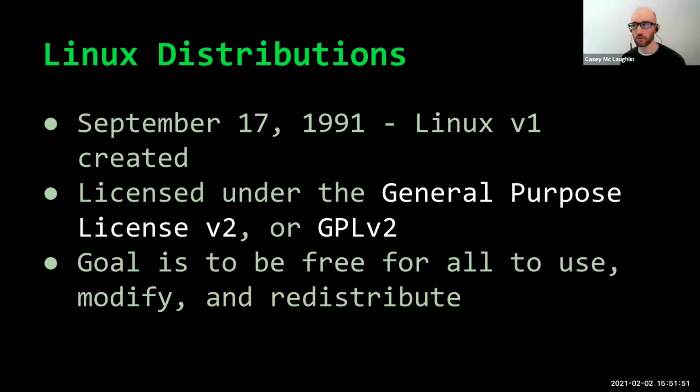Okay, so not only did he create a free operating system that was free to use, it was licensed under the General Public License version 2, which, if you're interested in legal stuff, is very fascinating how this license is structured, but just Wikipedia it on your own time.